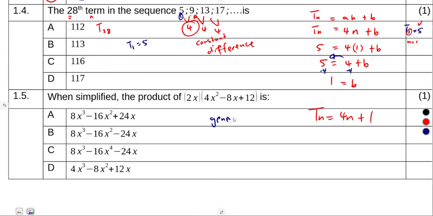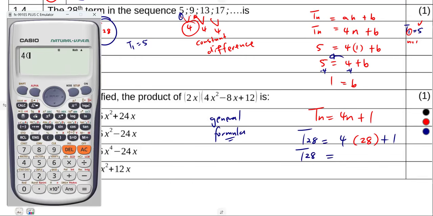We are not being asked about the general formula, but it was going to be easier to work with it to determine T28, the 20th term. When n is 28, simply substitute 28 in place of n. So that is our T28. 4 times 28, then we add 1.